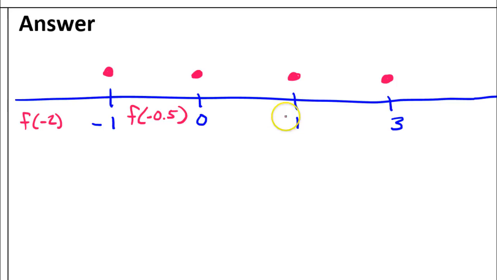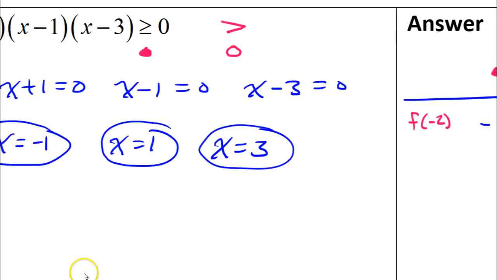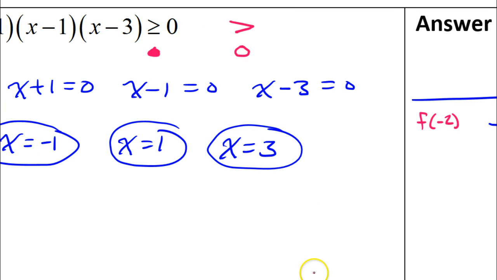Now, between 0 and 1, again, we'll need a decimal. For example, positive 0.5. Between 1 and 3, we could use 2. And beyond 3, we could use a value of 4. So these would be good values to use. So let's test these values, and in each case, let's see whether or not the function is greater than or equal to 0 in that zone.